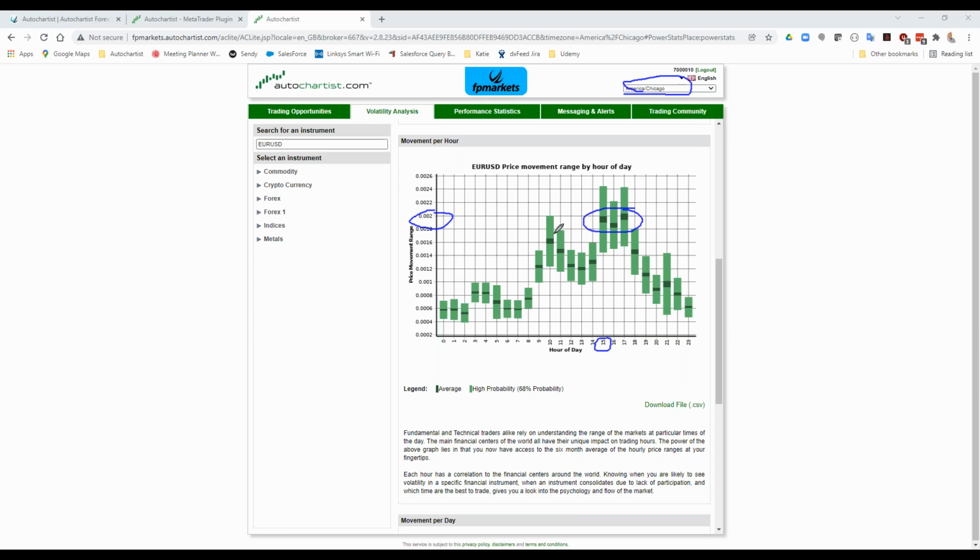Okay, at 10 a.m., it's only trading 16 pips on average. Right now, I am at 4 a.m. I am over here, right? And it's trading on average 10 pips. So if you are using ATR, you're getting a view on volatility, which is very, very short-sighted.